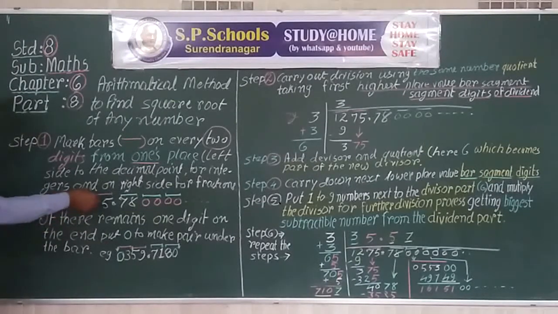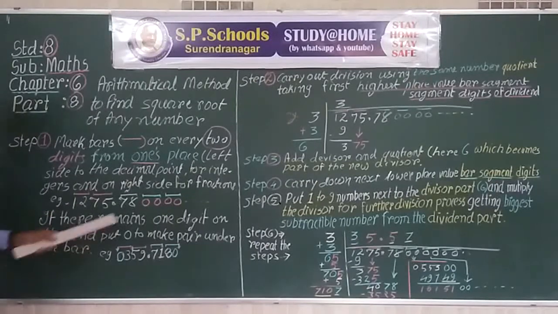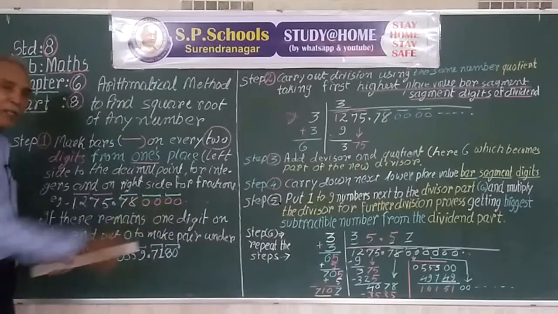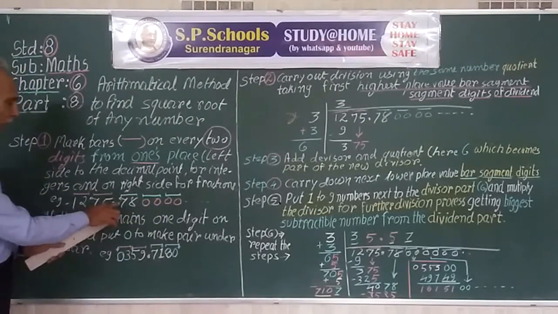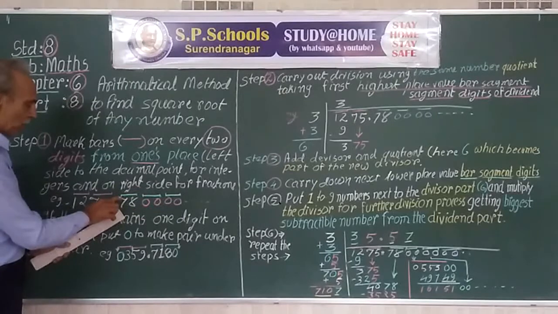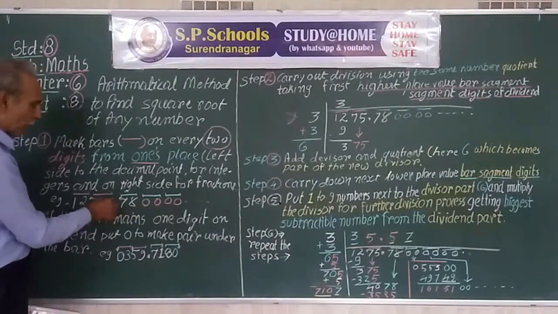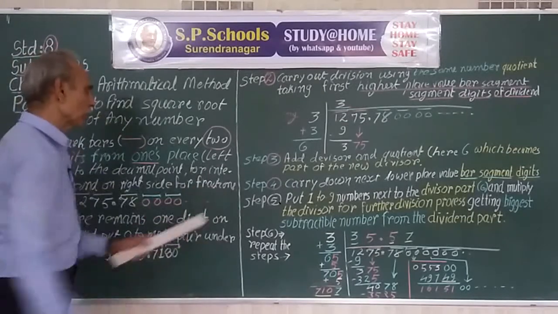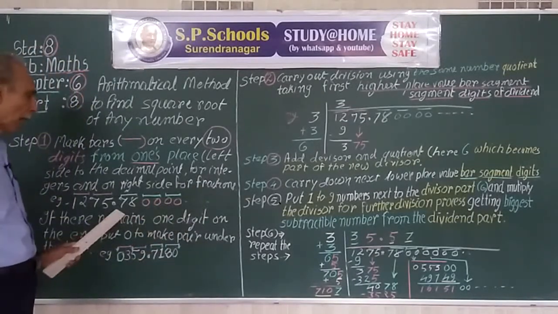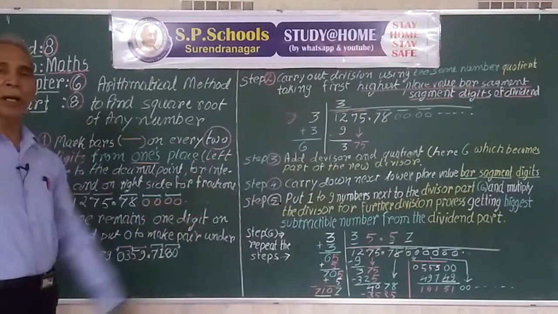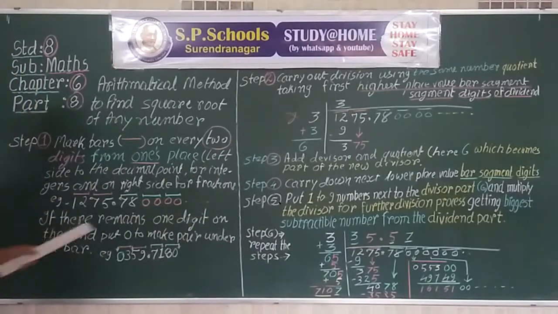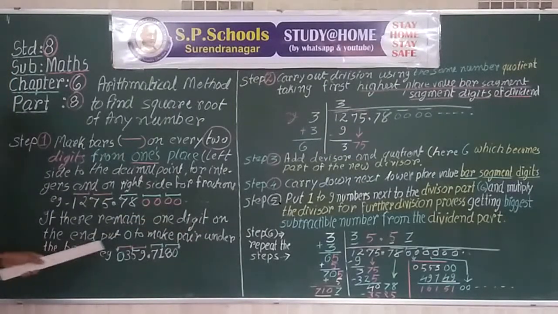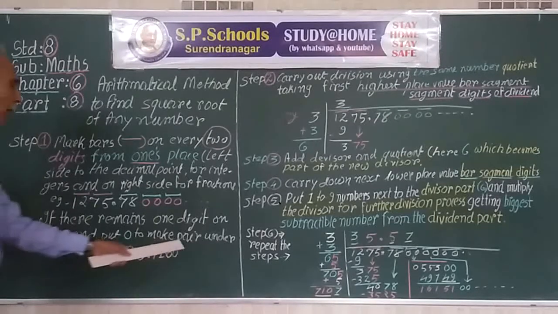And if there are some fractional numbers toward the right of the decimal point, go on taking 2 digits to the right of the decimal point. Like here 78, and we can put as many zeros as we like, which won't change the value of the given number, taking 2 parts ahead. If there remains 1 digit at the end, put 0 to make pairs.